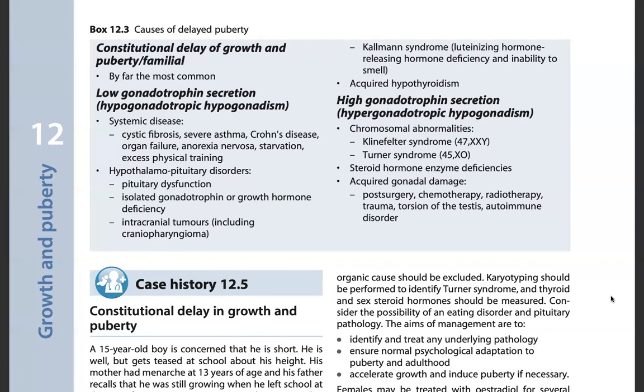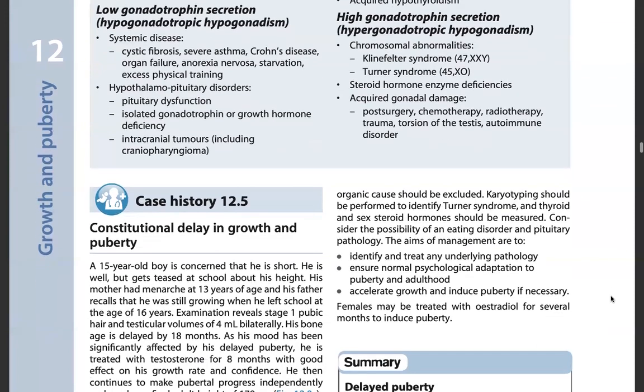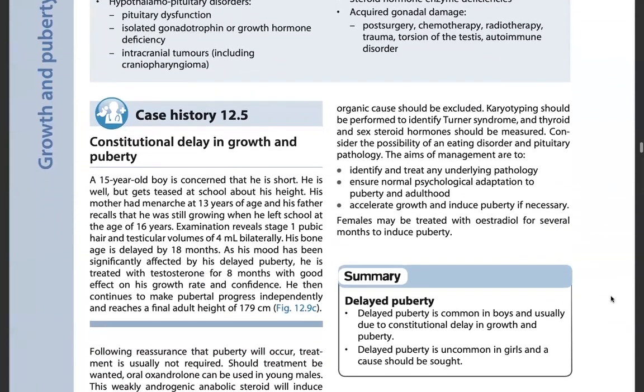High gonadotrophin secretion, hypergonadotrophic hypogonadism: chromosomal abnormalities, Klinefelter syndrome 47XXY, Turner syndrome 45XO, steroid hormone enzyme deficiency, acquired gonadal damage, post-surgery, chemotherapy, radiotherapy, trauma, torsion of the testes, autoimmune disorder.